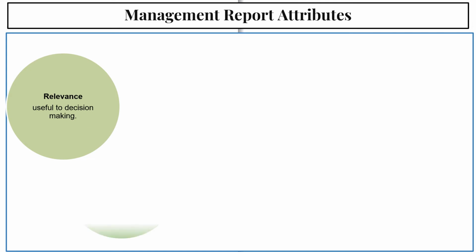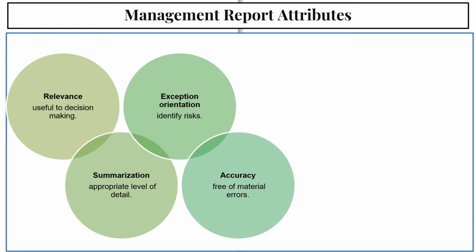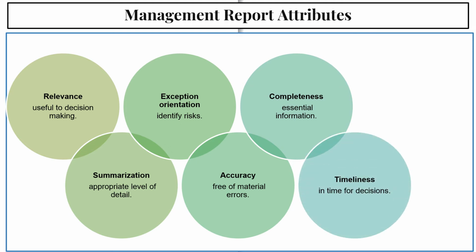The management report attributes: it should be relevant, meaning useful to decision making; summarization, an appropriate level of detail; exception orientation, identifying the risks; accuracy, free from material errors; completeness, essential information is included; timeliness, in time for decision making.